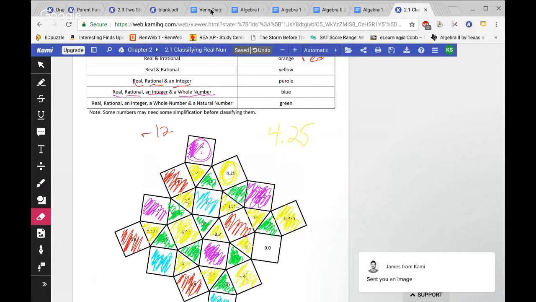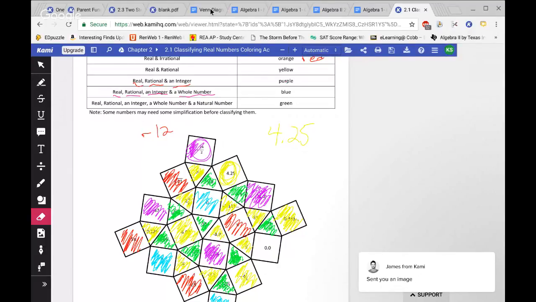Zero is the only thing that's different between a whole number and a natural number. We learned counting numbers when we were 2 or 3, then whole numbers in kindergarten or first grade, and then in 5th or 6th grade, you start learning about the negative side of the number line.